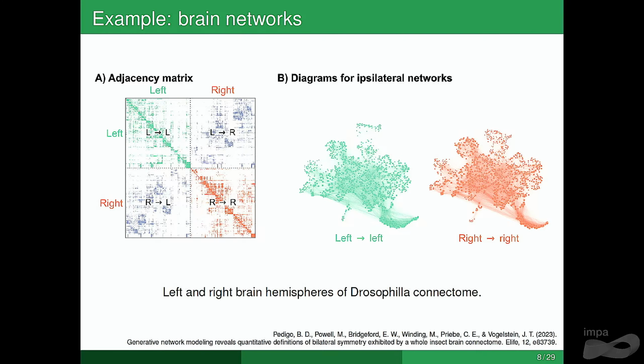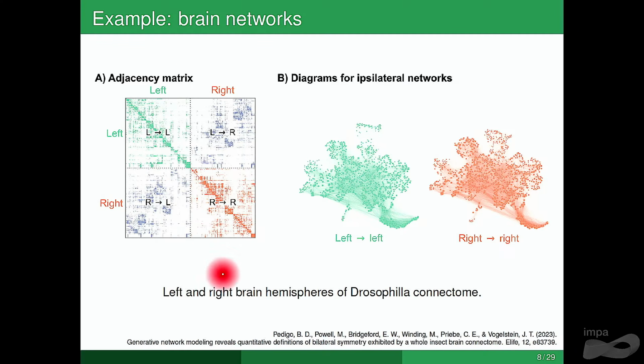Here's an example of a brain network. This is data that was recently published in Nature. It's from Drosophila brain. So basically, the Drosophila is a very small fruit fly. It has a brain with about 3,000 neurons in total. So recently, scientists were able to map all the neurons into a network and find all the connections between these neurons.